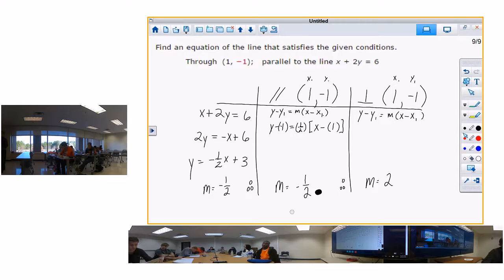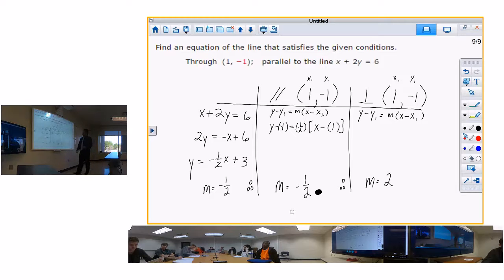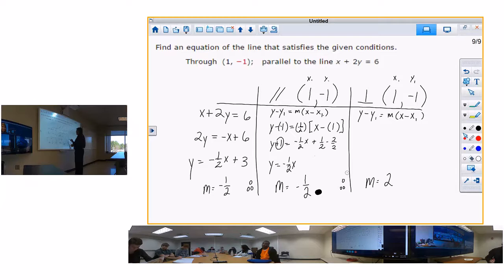And now just solve for y. y plus 1 is equal to negative 1/2 x plus 1/2. Bring the 1 over, minus 2/2. So y is equal to negative 1/2 x plus 1/2 minus 2/2, which is negative what? 1/2. So that's your parallel equation.